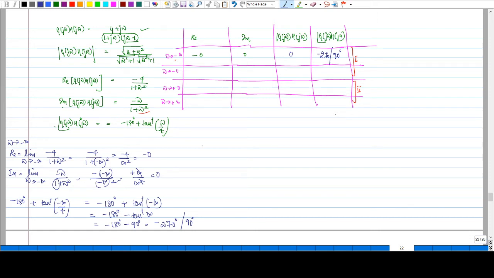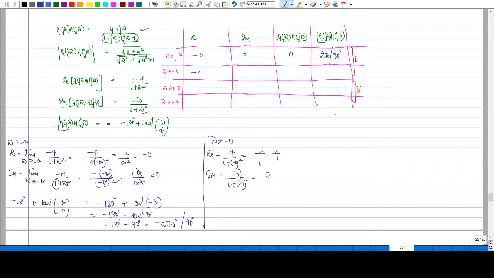Similarly, when omega tends to minus 0, your real part is minus 4 divided by 1 plus minus 0 the whole square. This 0 becomes very small. So minus 4 by 1, which is equal to minus 4. The imaginary part is minus of minus 0 divided by 1 plus minus 0 the whole square, which is equal to 0.